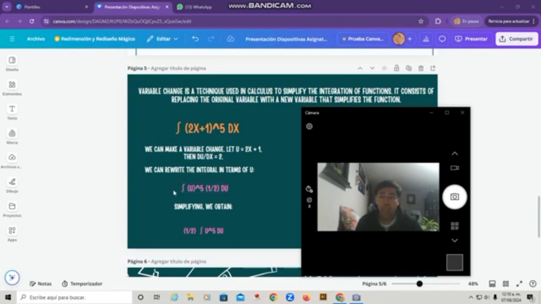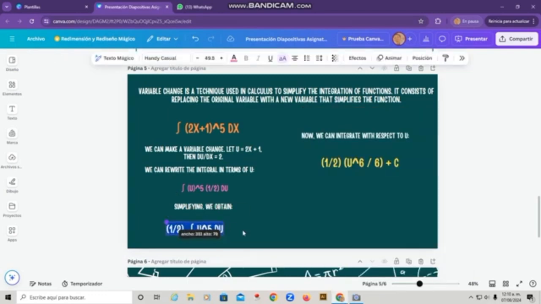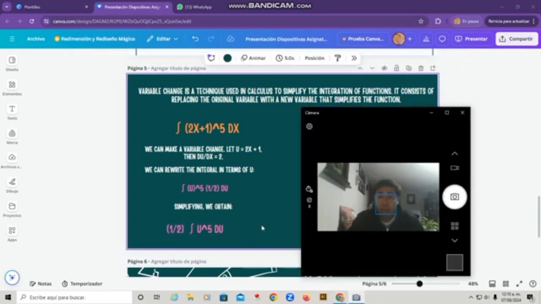We obtain the integral of u to the power 5 times (1 divided by 2) du. Simplifying this integral, we obtain (1 divided by 2) times the integral of u to the power 5 du.